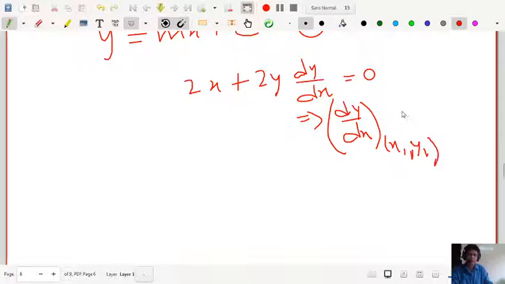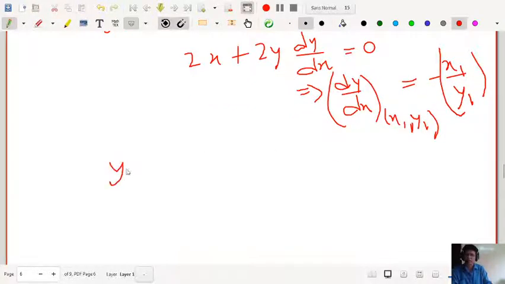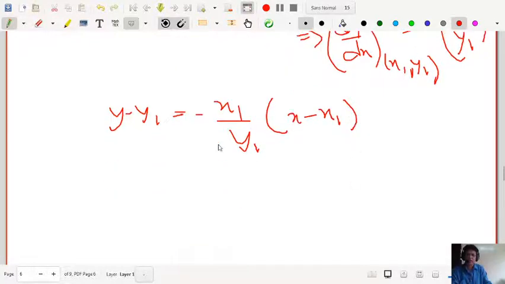So dy/dx at (x1, y1) will be minus x1 by y1. So what is the equation of the tangent? y minus y1 equal to minus x1 by y1 into (x minus x1). Right, this is the equation of the tangent to the circle at (x1, y1).